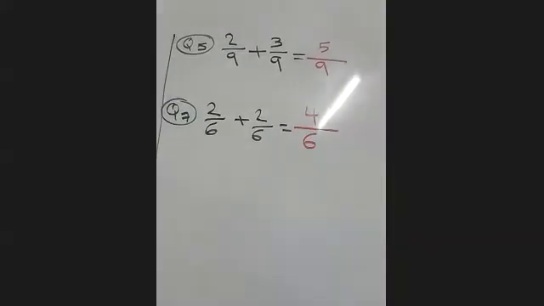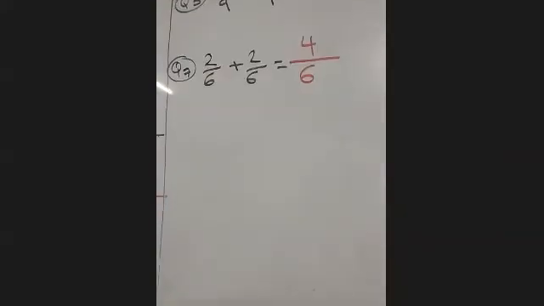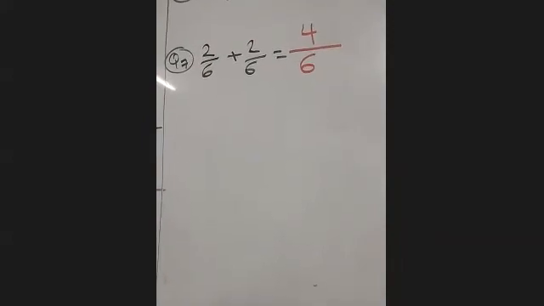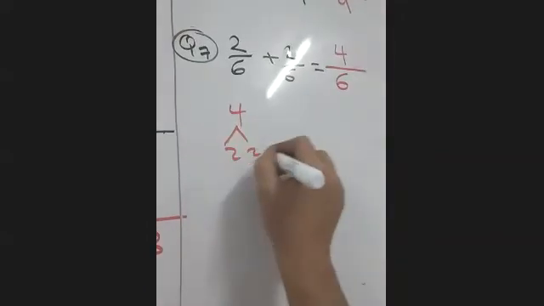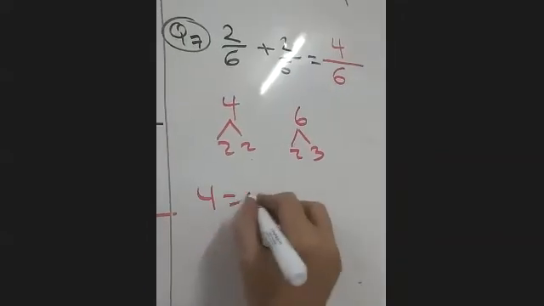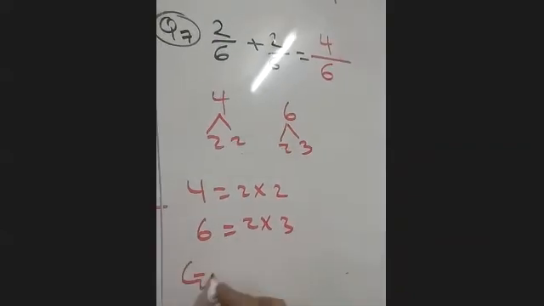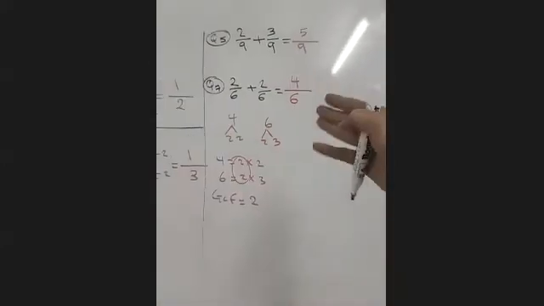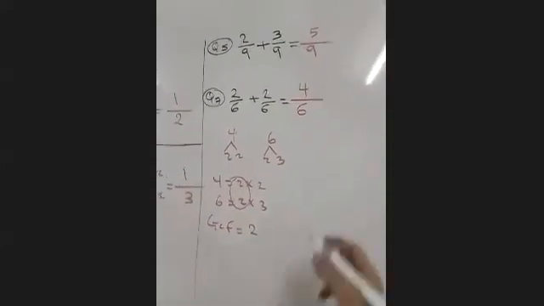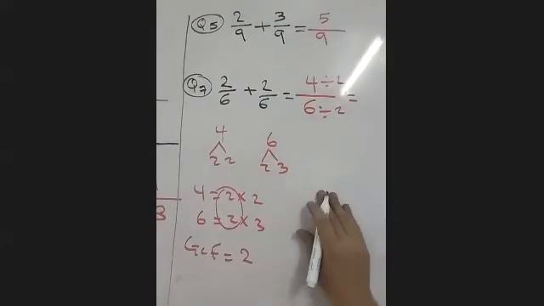Now we find the GCF for 4 and 6. The 4 is 2 times 2, and the 6 is 2 times 3. So the GCF is 2. To find the simplest form, we divide 4 by 2 and 6 by 2.